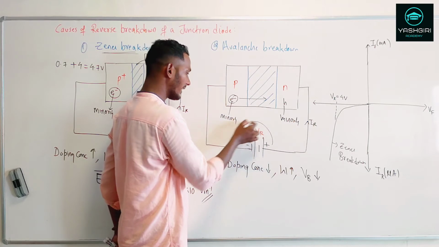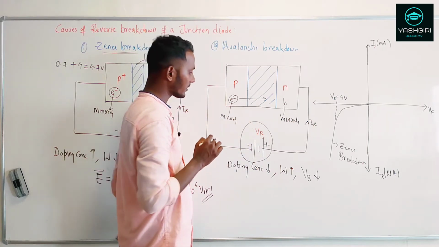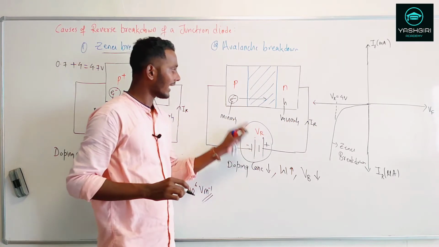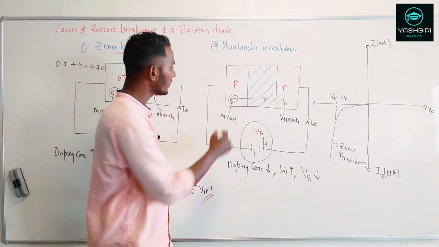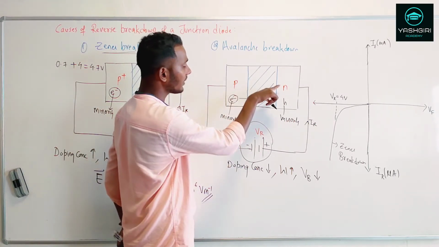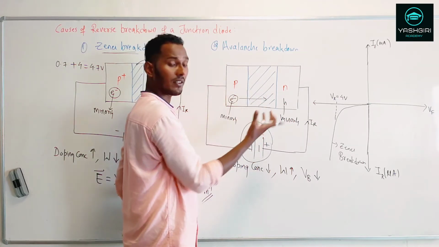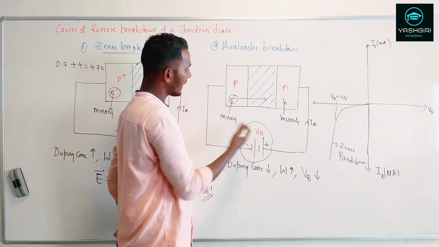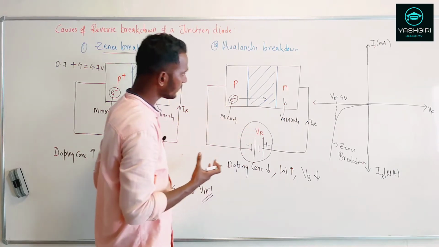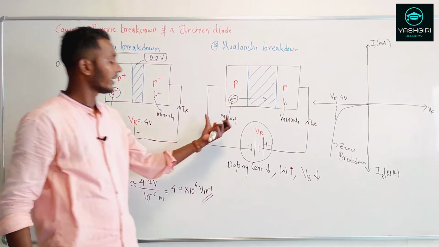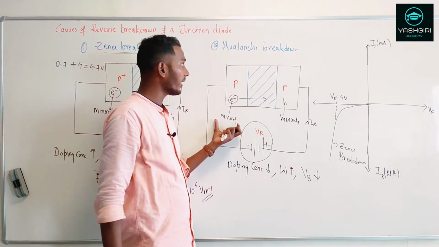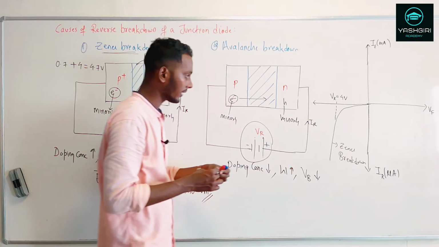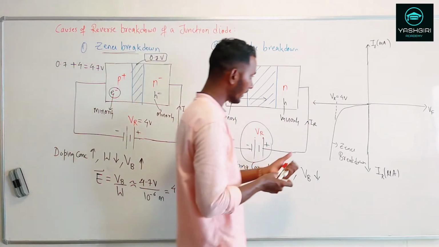Why? Because you are connecting an external DC power supply to this. So this is how the chain process of collision of the electron with some other covalent bond goes, and there will again be a release of electrons. This chain of collisions will continue, and again there will be an increment in the charge carriers, so you will find a very large current in the avalanche breakdown as well. That we call a reverse current.